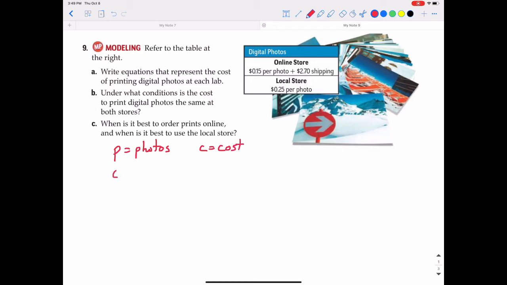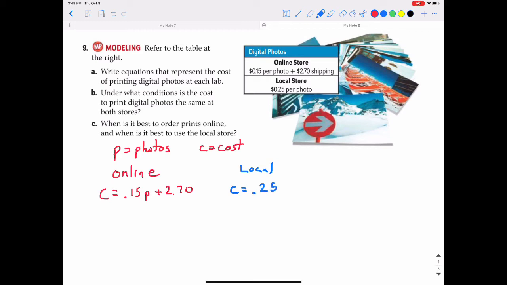So for the online store, the total cost would be found by taking 15 cents times the number of photos and then adding $2.70. So cost would be 0.15 times P, that's the number of photos, plus 2.70. And then for the local store, the cost would be just 25 cents times the number of photos.